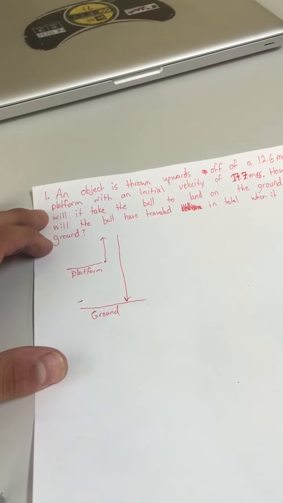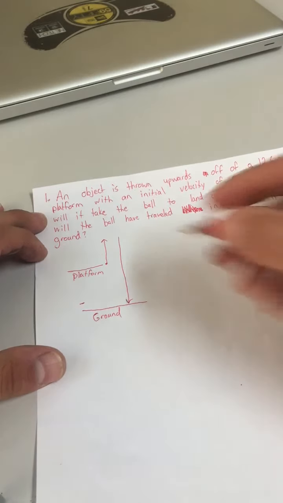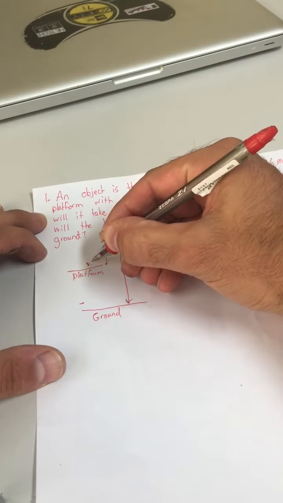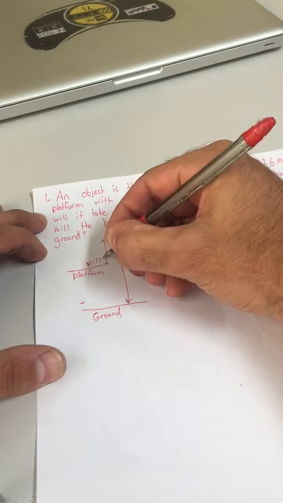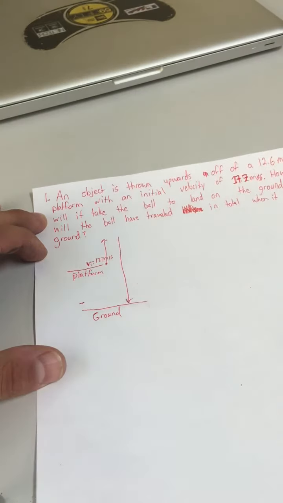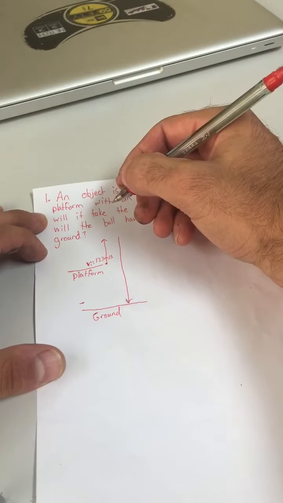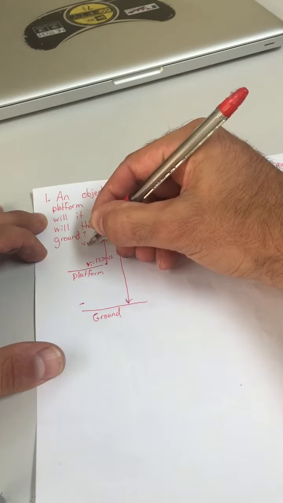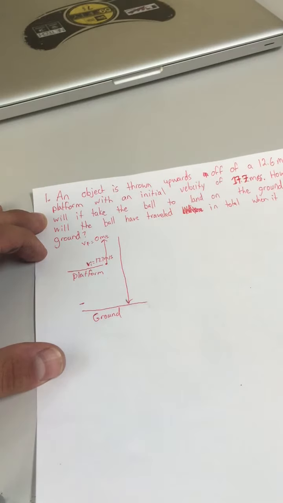So what we want to do is start filling in some of the information that we know. When we throw the ball up, we have a VI equal to 17.7 meters per second. At the top, since when we throw the ball up it's going to stop, we have VF equal to 0 meters per second.